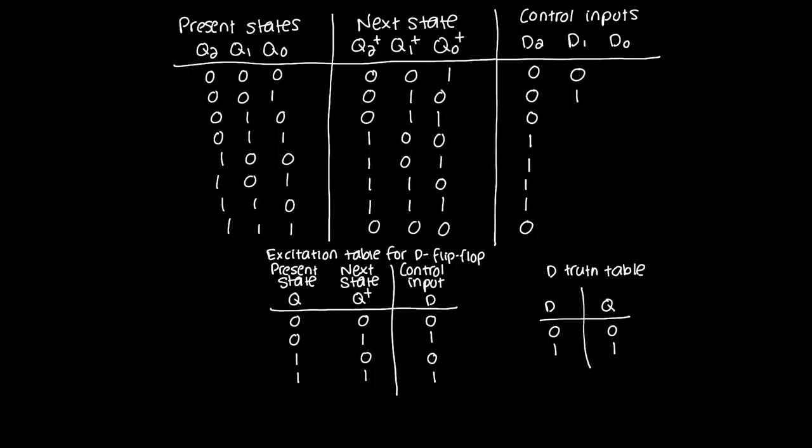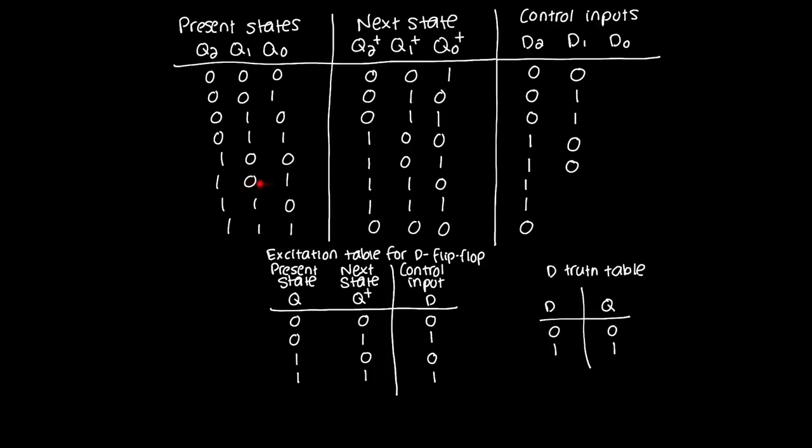And then over here, if I have a 1 in the present state and I want a 1 in the next state, that's this row over here. So I want a 1 again. Over here in this row, present state is 1, next state is 0. That's this row, and so D should be 0. Over here, present state 0, next state 0, D should be 0.